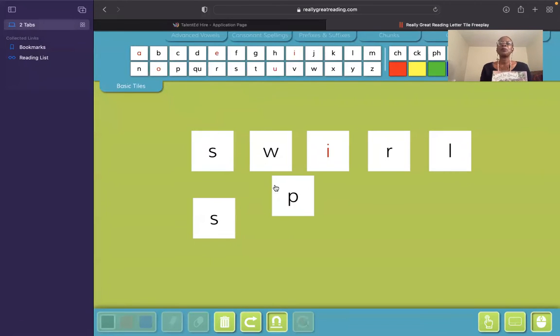P, yes. And now you hear, is it a short vowel sound or a long? Yes, it's a long vowel sound. Space. It says its name.